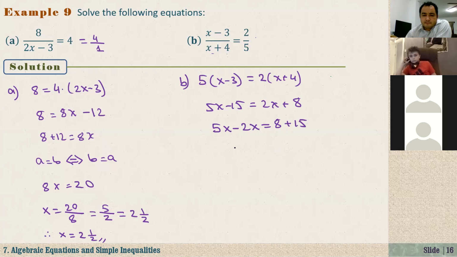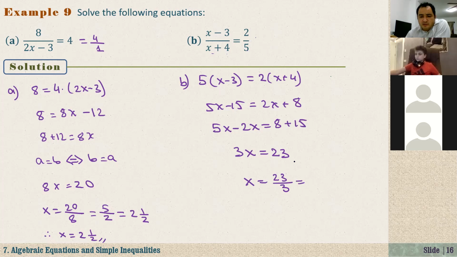Next, it will be 3x equals 23. Okay, then what is x? 23 over 3, right?